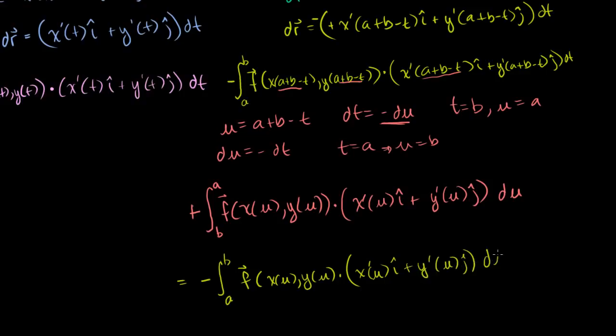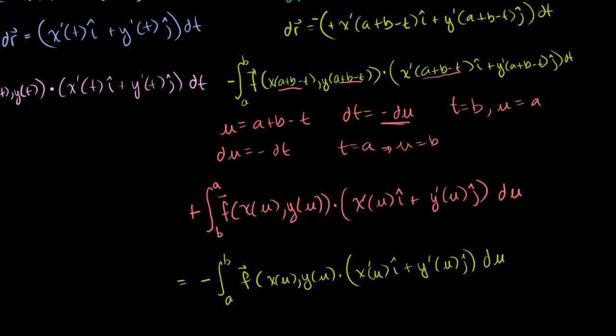And now this definite integral is identical to that definite integral. We just have a different variable. We're doing dt here, we're having du here, but we're going to get the same exact number for any a or b, and given this vector f and the path, the position vector path r of t.